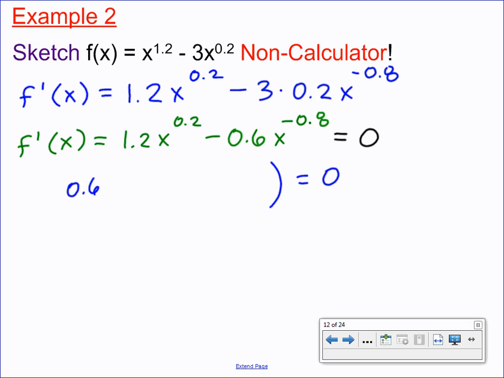So let's do 0.6, and we're going to take out what? x to the 0.2? Yeah, 0.6, x to the 0.2. Okay? And then what would that leave us in parentheses?